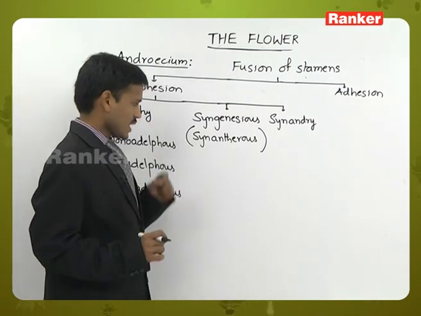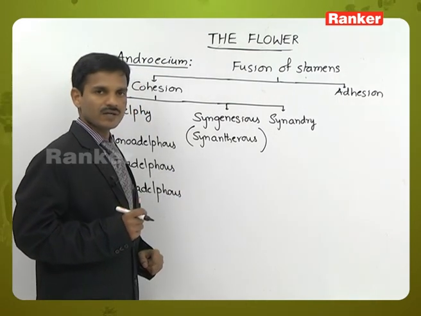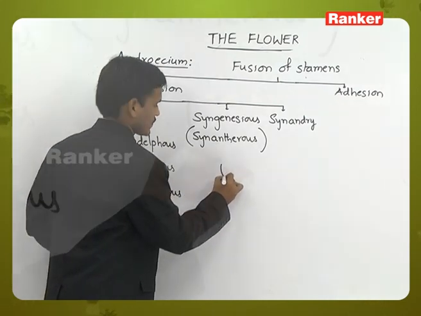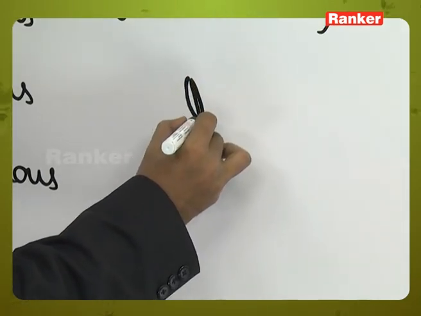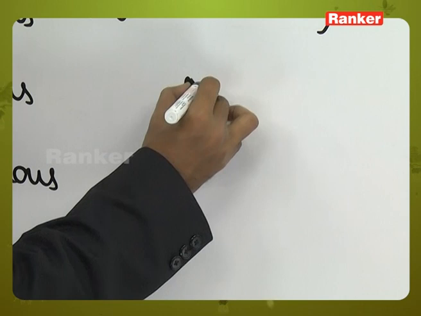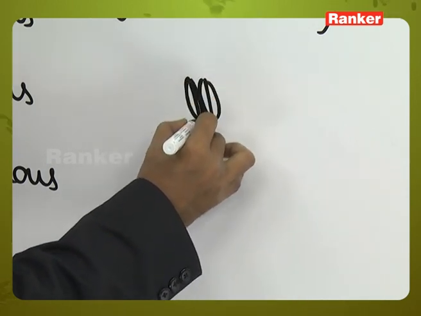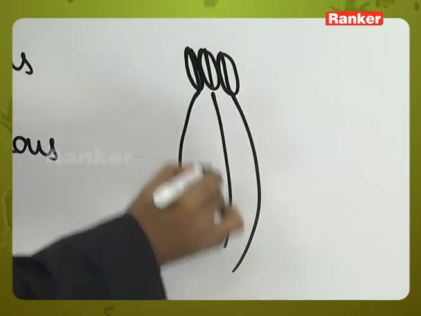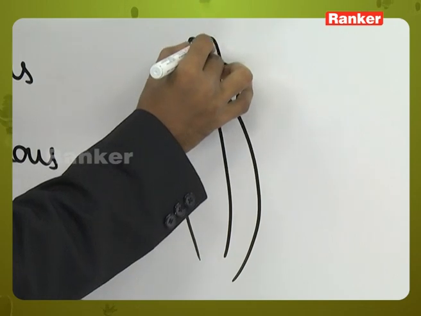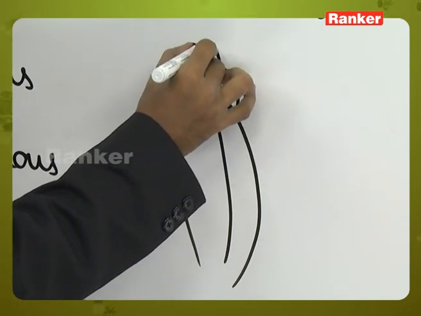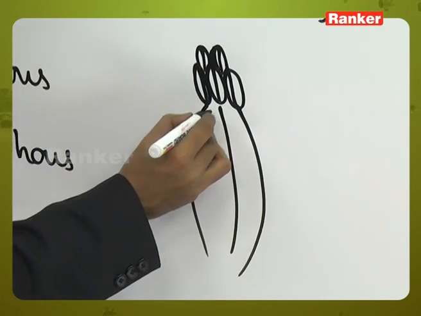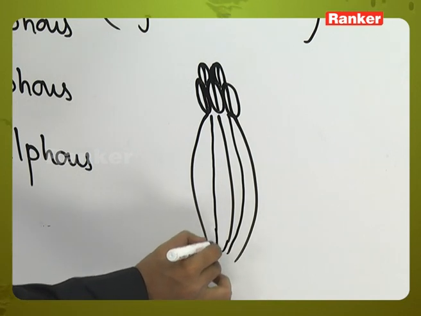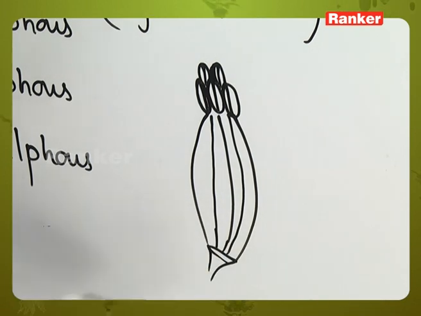If one flower has a number of stamens, all the anthers are fused. It is one anther. Only anthers are fused. For example, 5 stamens are there in one flower.